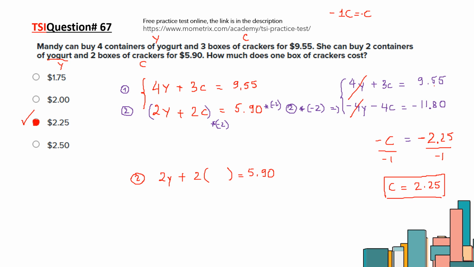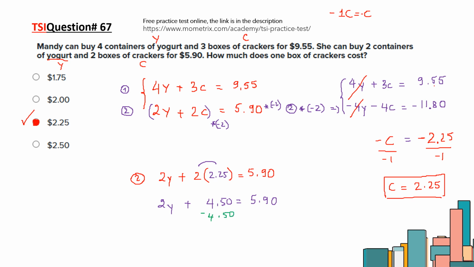Now we plug in 2.25 here, then simplify it. We have 2y plus 4.50 equals 5.90. Now we subtract both sides by 4.5.